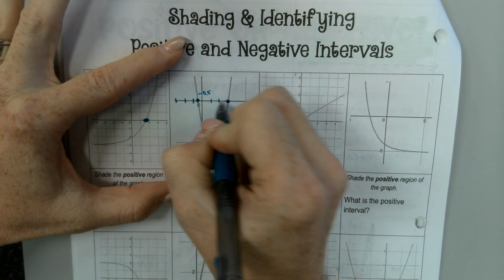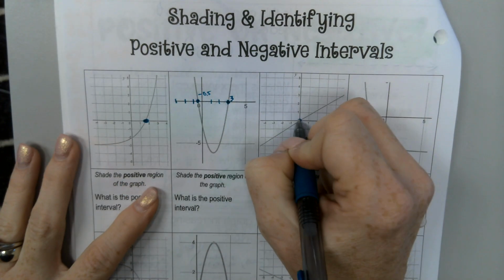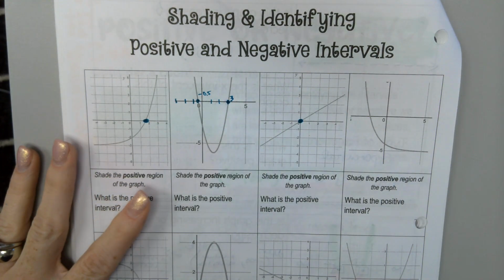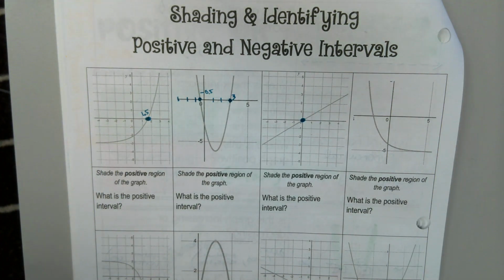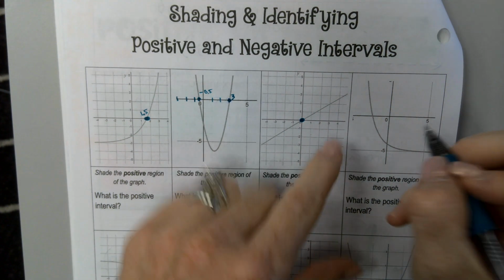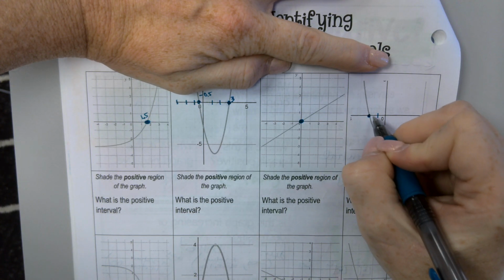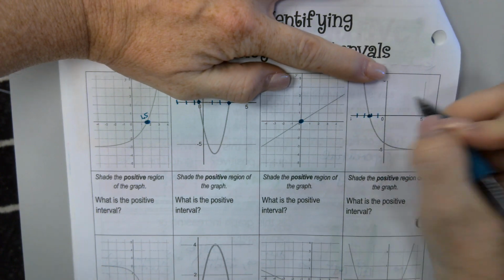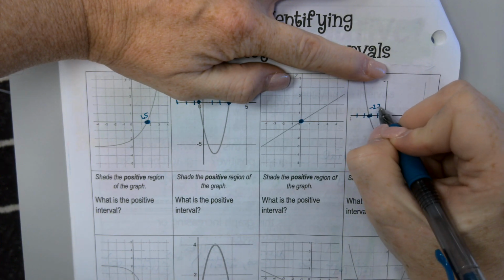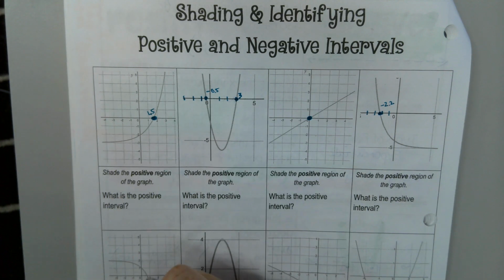And this is 1, 2, this is 3. I'm going to call this one 1.5, that first graph over here. I'm just going to write those values, okay? I'm going to call this one negative 2.2, just because I'm estimating, okay?